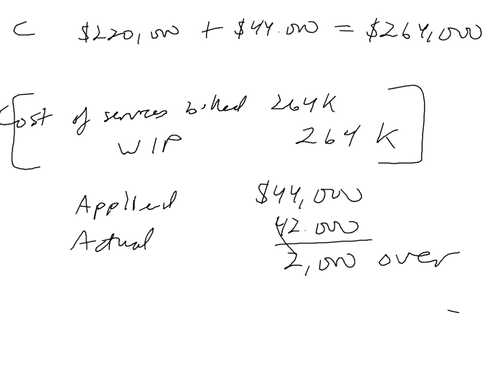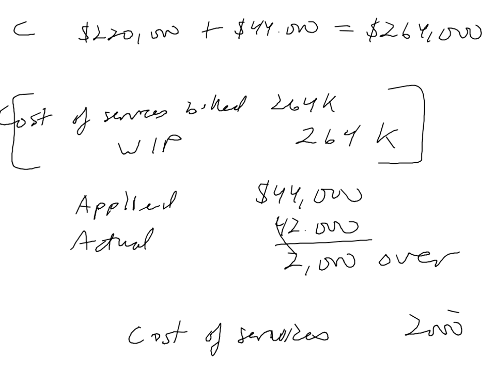So we had to do a closing entry where we're going to credit cost of services by the $2,000 excess, and then we're going to close our service overhead control account.